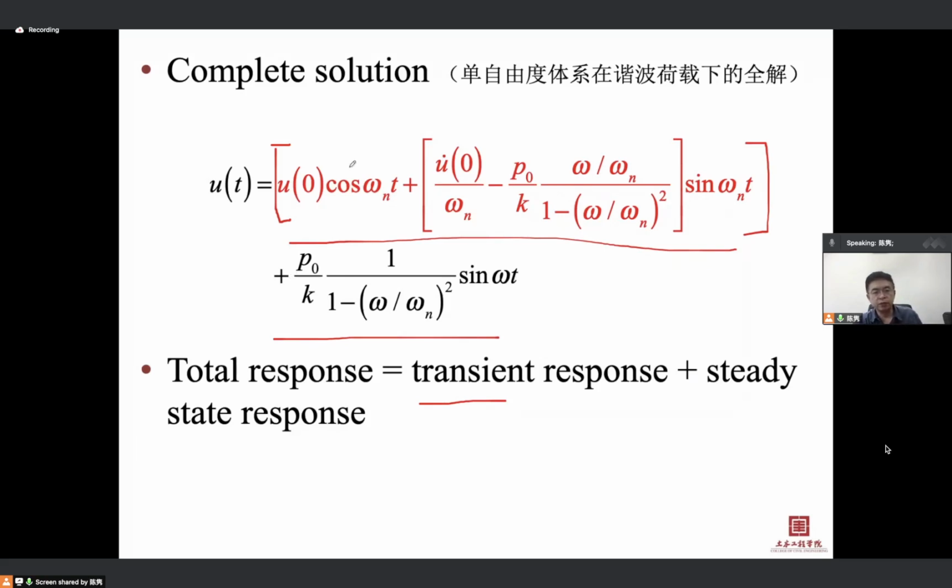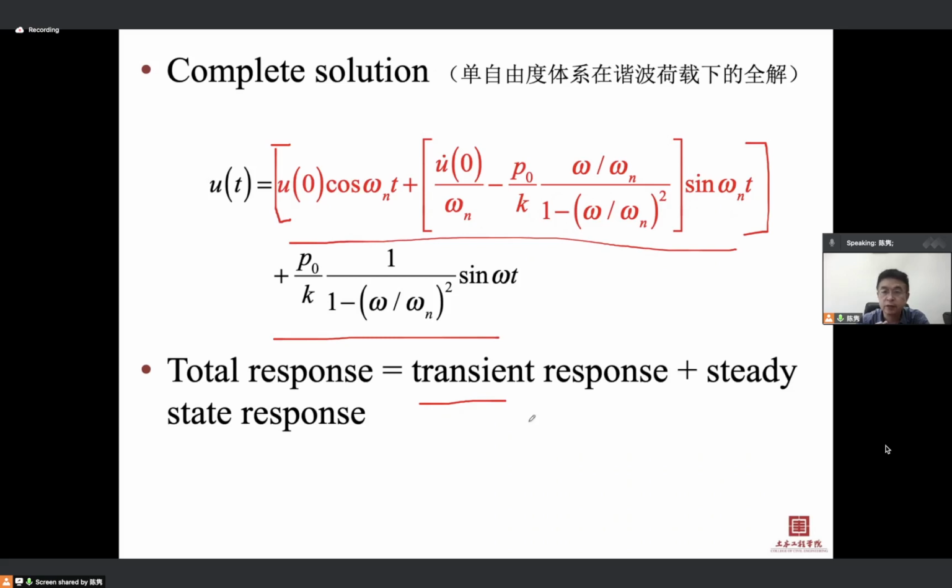Later, when there is damping, we usually consider this part, and in many cases we don't care about the other part. But in the current discussion, the system doesn't have damping, so we need to consider both parts. So this is the total response, two parts.